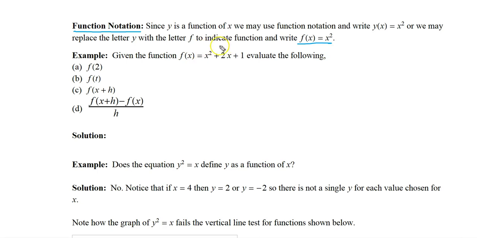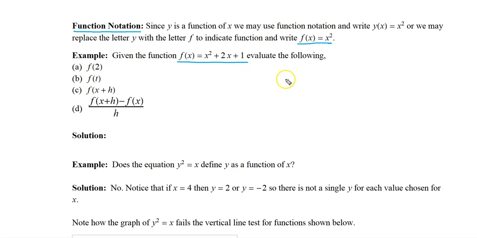Now, to become a little more familiar with this function notation, suppose we're given this function f of x equals x squared plus 2x plus 1. Let's evaluate the following quantities here. What would f of 2 be?